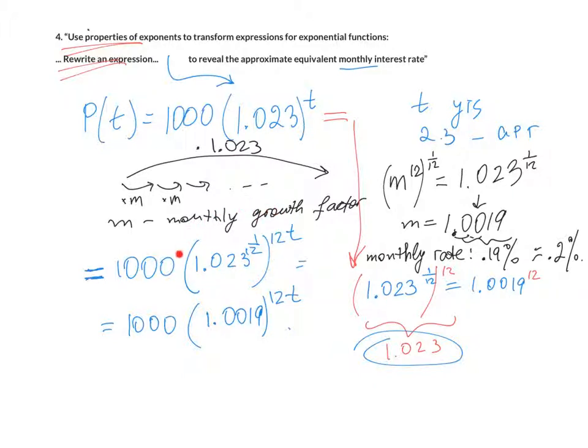Yes, really. Maybe I should put parentheses so you could see it better. This and this, the equivalent. Okay? And finally, we managed to reveal the monthly interest rate because now we see it from the equation. Okay. If I were you, I would watch this part of the video several times to really understand it. Alright, good luck.